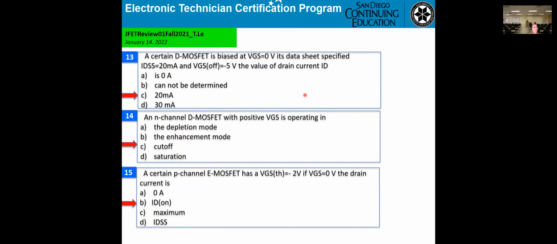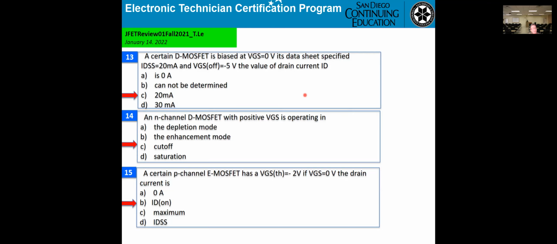Any question on that? If not, I can tell you, the MOSFET works like a JFET. So VGS equals 0, ID must be the same, 20 milliamp.